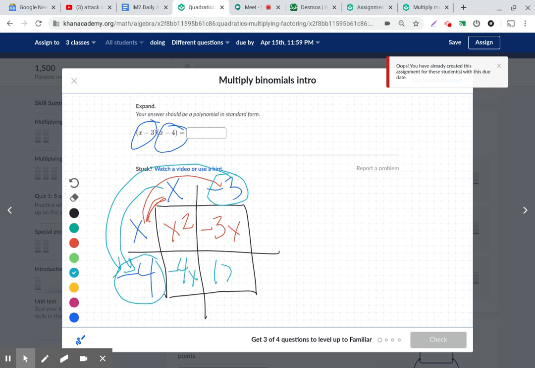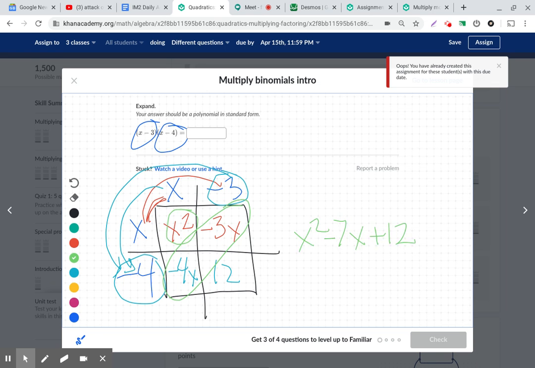That'll be 12. I'm going to combine these two because they both have x. They're called like terms. So then the new answer will be x squared, this piece right here. And then if you combine these -3 and -4, you get -7x. And then 12, you don't combine it, so it's going to be +12.